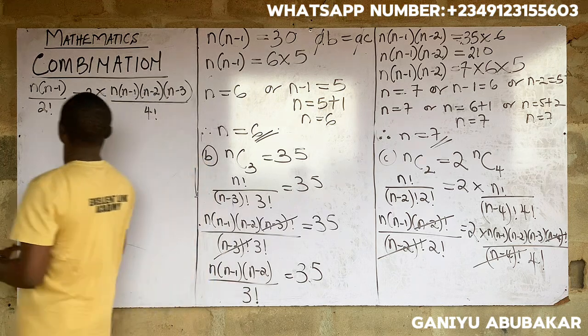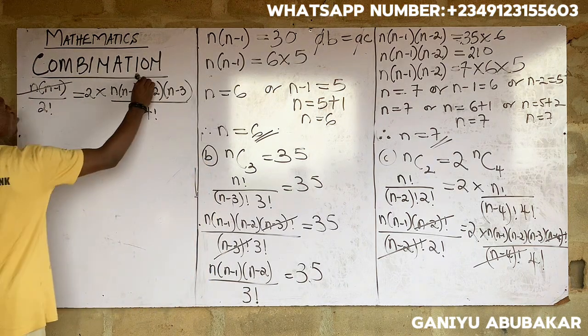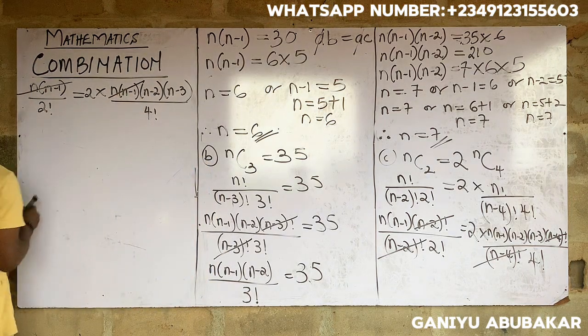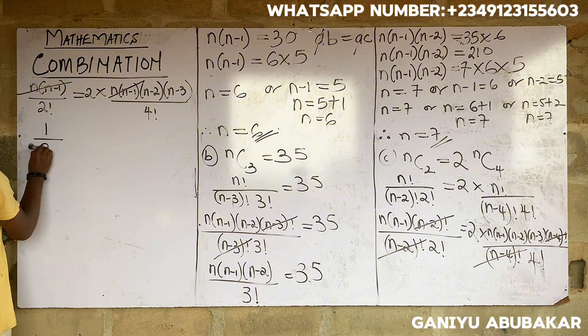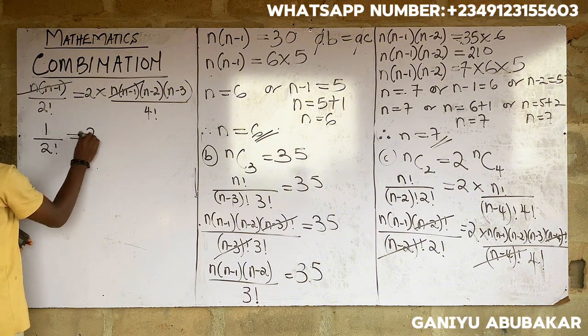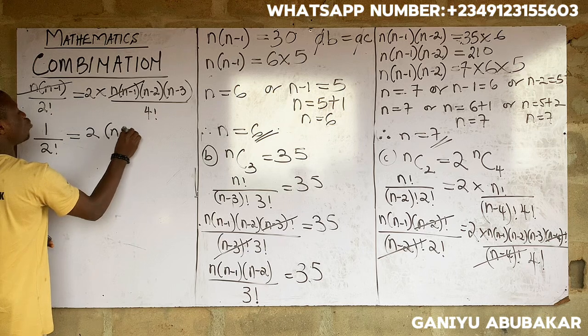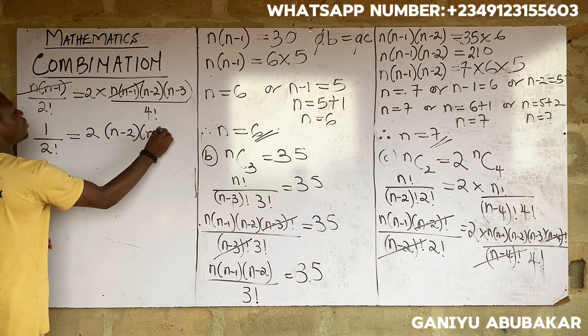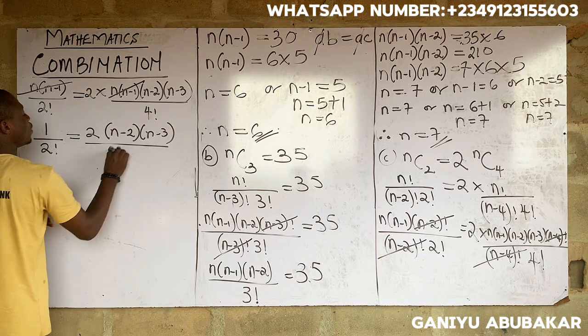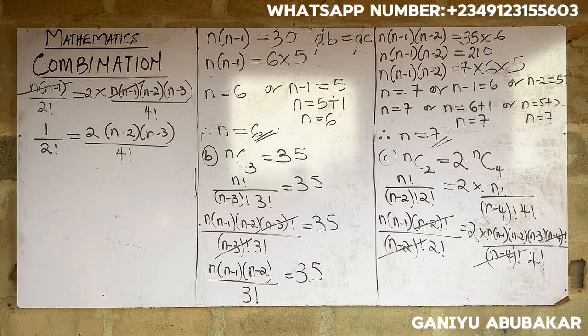So this one will cancel this one. So I'm having 1 over 2 factorial equal to 2 into n minus 2 into n minus 3 over 4 factorial, right? So my task now is quite simple, right?